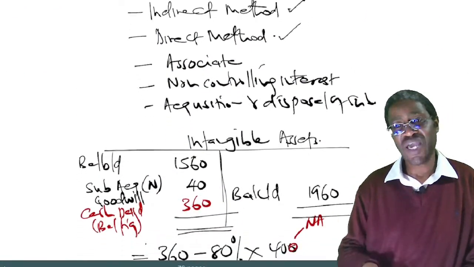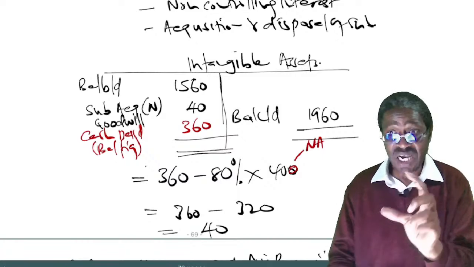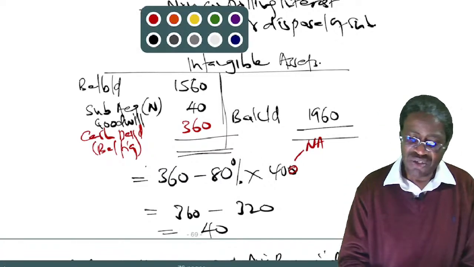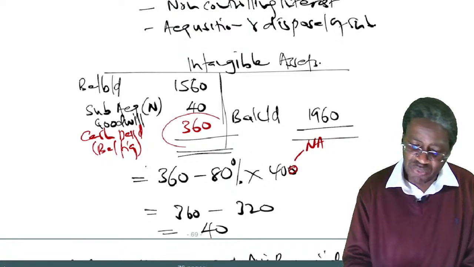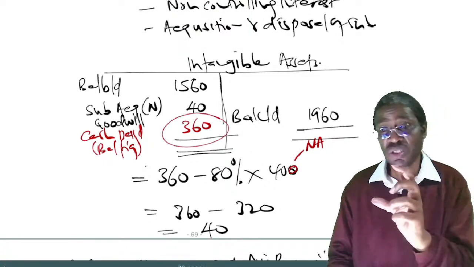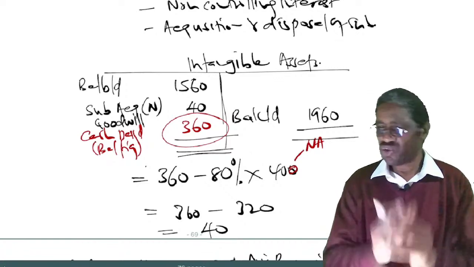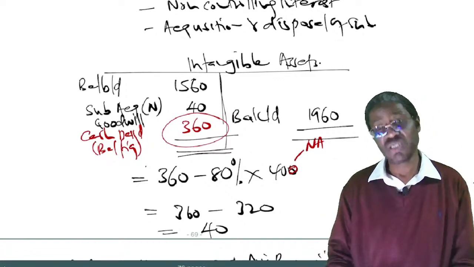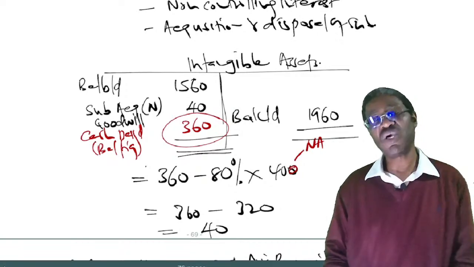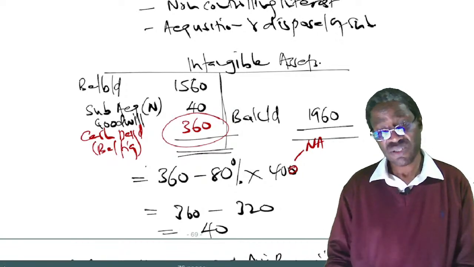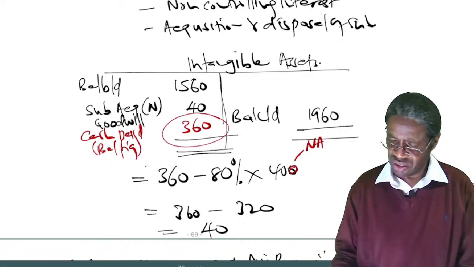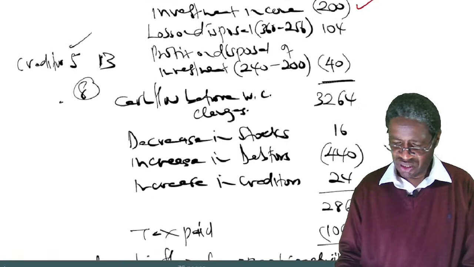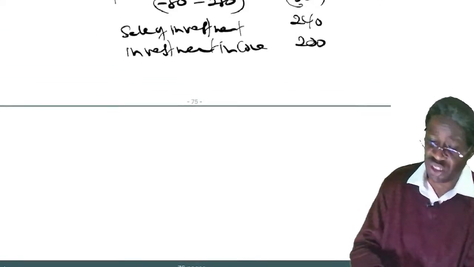I can see we got a balancing figure to represent the cash paid to acquire new intangible assets. I told you this could be patents, copyrights, trademarks, and so on. We acquired some more intangible assets. It's part of investing. Go bring it. It's part of fixed assets. That's what I'm trying to say.